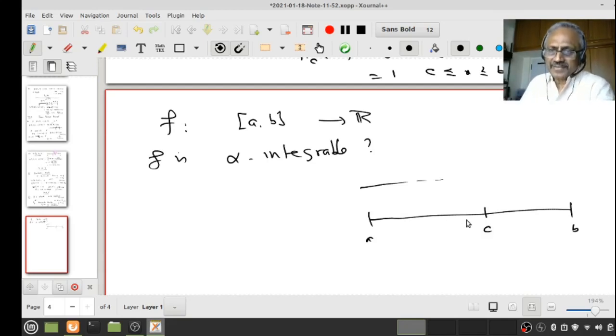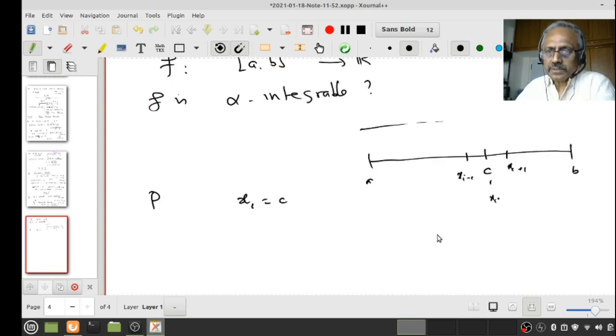I'm looking for a partition P so that my xi equals c. This is xi minus 1 and this will be xi plus 1. That is, I'm looking for a partition so that c is the right end point of one of the subintervals. Is it clear to you?